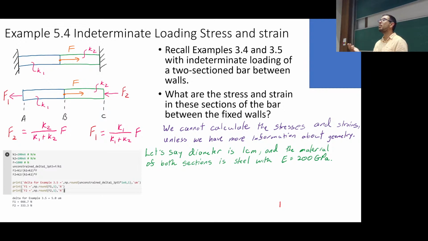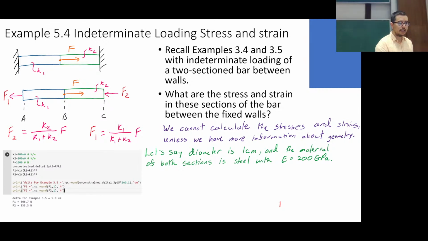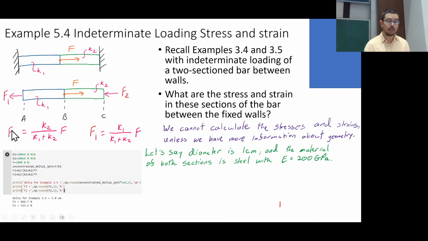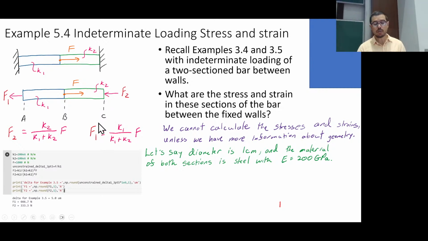Just in terms of variables. Yeah, someone said it. I heard force divided by area, right? So it's going to be F2 divided by the area, because that's what we have in here. Not the F, but F2, right? That force divided by the area.